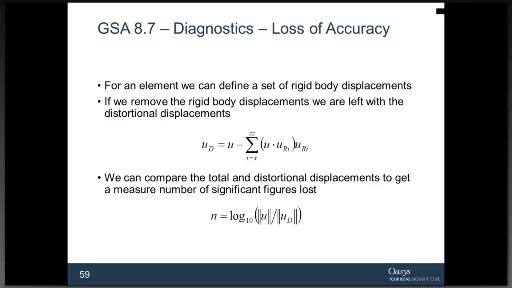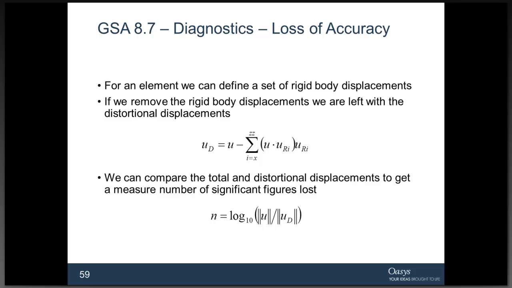So what that means is, if we separate out the rigid body displacements from the actual displacements at the 2 ends, then that gives us some idea of the amount of accuracy that's lost. With this expression here, we separate out the rigid body displacement from the actual displacement, and what we're left with we call the distortional displacement, which is UD.